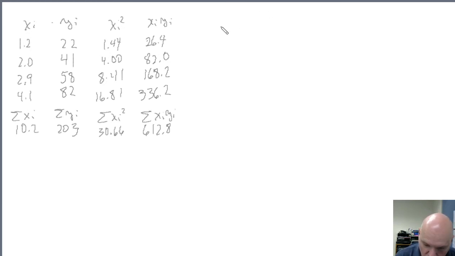Now with this table, we've got all the terms that we need to calculate both Sxy and Sxx. Sxy is equal to the sum of the xi, yi terms, so 612.8, minus the sum of the x, 10.2, times the sum of the y, 203, divided by the number of observations, or 4.